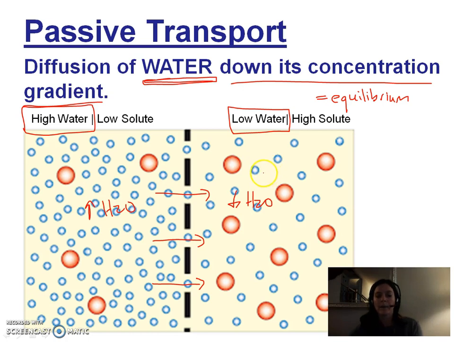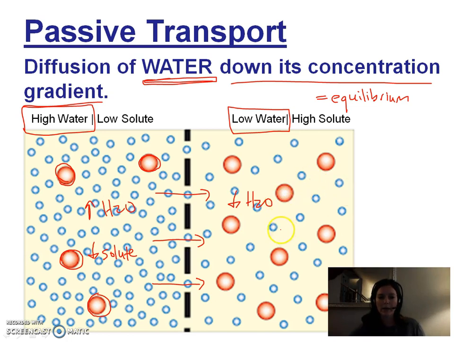Now, another thing to think about when we're dealing with osmosis, you can see in this example there are some red solute particles mixed in with this water, right? In the side of this diagram that displays high water, we also can say that we have low solute, because the water displaces the solute and vice versa.